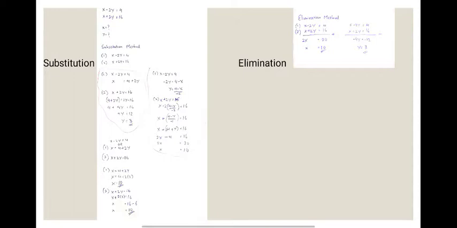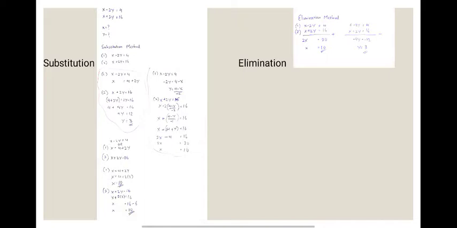So look at the left picture. I have this question: x minus 2y equals 4 and x plus 2y equals 16. We are going to find the x and y by using the substitution method.